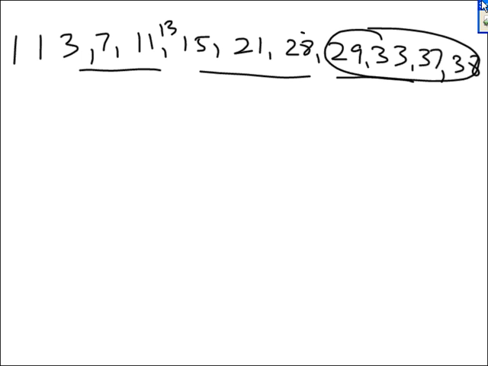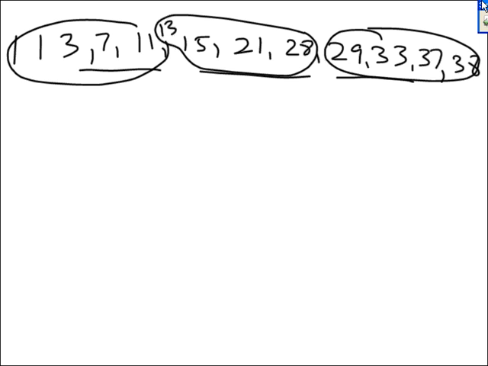Those are 5. Those are 4. That's 9. And 5 more. So we have 5, 9, 14 numbers. Okay, so you have 14 numbers.